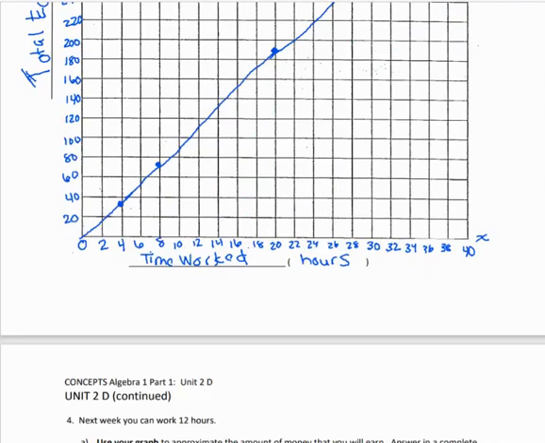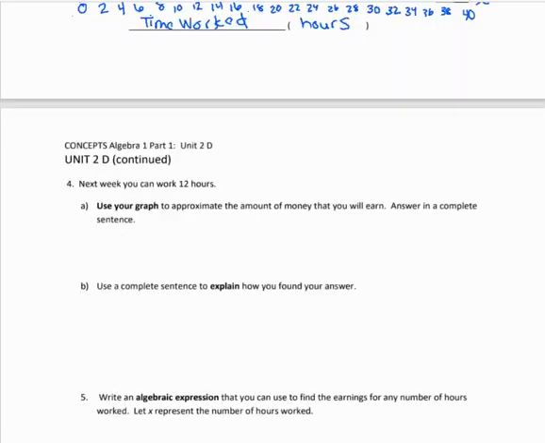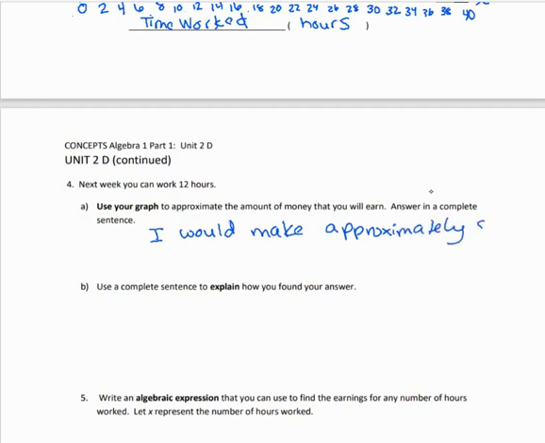Okay? So anything for your notes wise, I'm going to answer in a complete sentence. I would make approximately $112. And like I said, I'm saying 112 because of what my graph looks like.